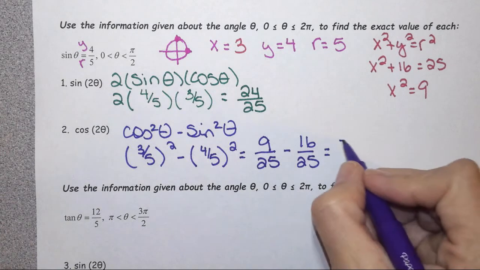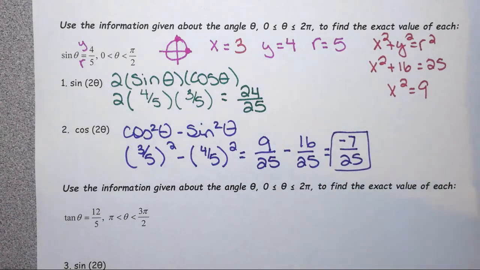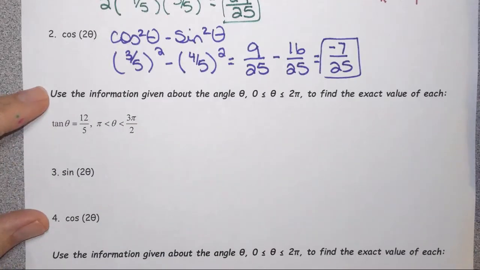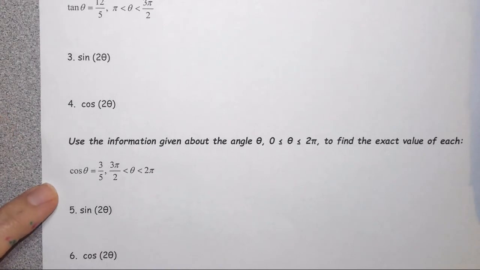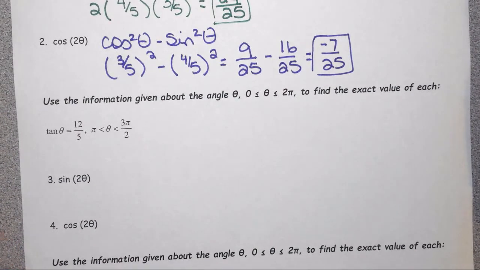If I subtract, we get negative 7 over 25. And you're going to do the exact same thing for 3 and 4 and 5 and 6. So pause the video and see if you can do 3 and 4 and then come back and check your answers.